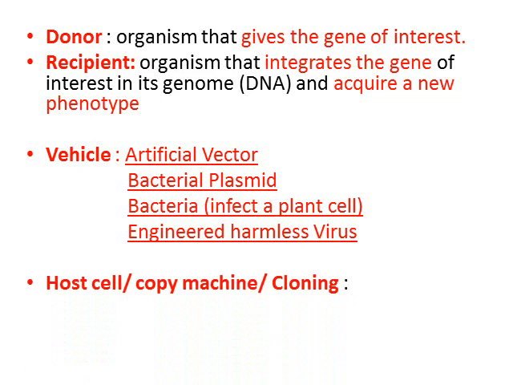We also talk about a host cell, or a copy machine, for cloning, where we have many copies of our gene of interest. For this, we can use a bacteria where we reinsert the recombinant plasmid into a bacteria, or we can use a yeast cell where we reinsert the recombinant plasmid into the yeast cell, or we can simply use plants.